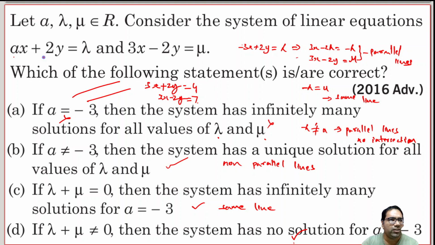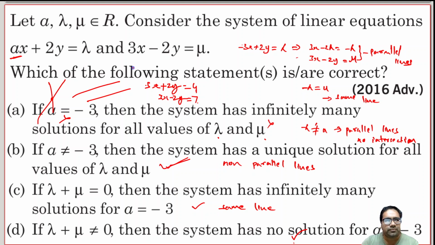So definitely when a equals −3, these two lines are parallel. When a is not equal to −3, there is no way these two lines are parallel. So when they are not parallel, obviously they have to meet at some point. So they will always meet and there will always be one intersection point. So there will be a unique solution for whatever value of μ and λ. So this statement is correct.